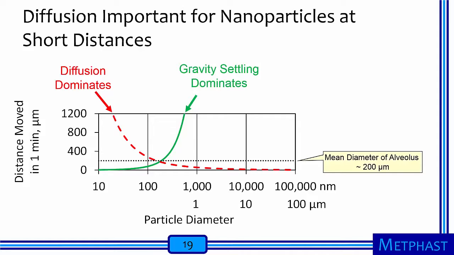For perspective, I add that the mean diameter of a human alveolus is 200 micrometers. Again, we can see that for particles smaller than 100 nanometers, diffusion dominates over gravity settling. These particles, if allowed to stay in the alveolar region for 1 minute, will likely be displaced a sufficient distance to hit the wall of the human alveolus.